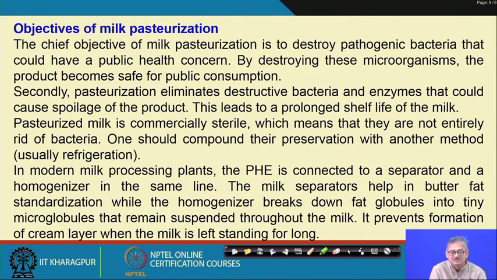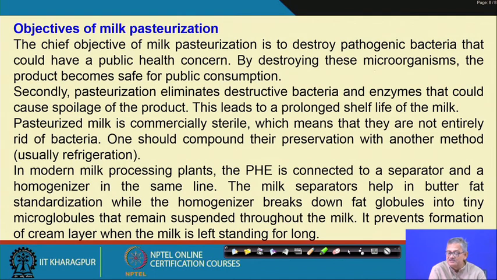Pasteurized milk is commercially sterile, which means that it is not entirely rid of bacteria. That means you are not totally making it bacteria free. One should combine its preservation with another method, usually refrigeration. In modern milk processing plants, the plate heat exchanger is connected to a separator and a homogenizer in the same line.